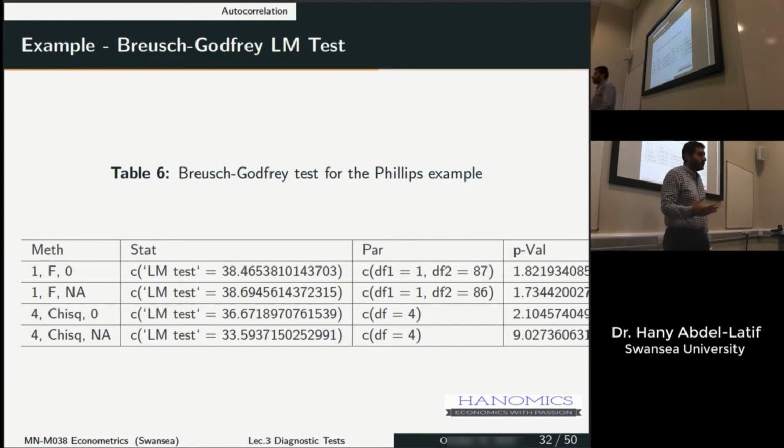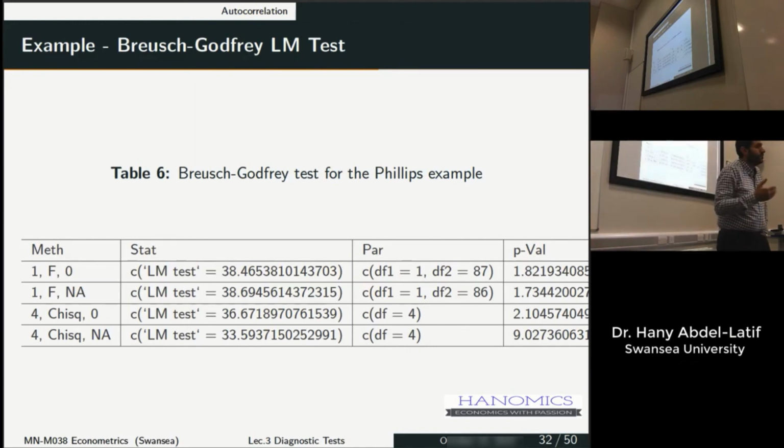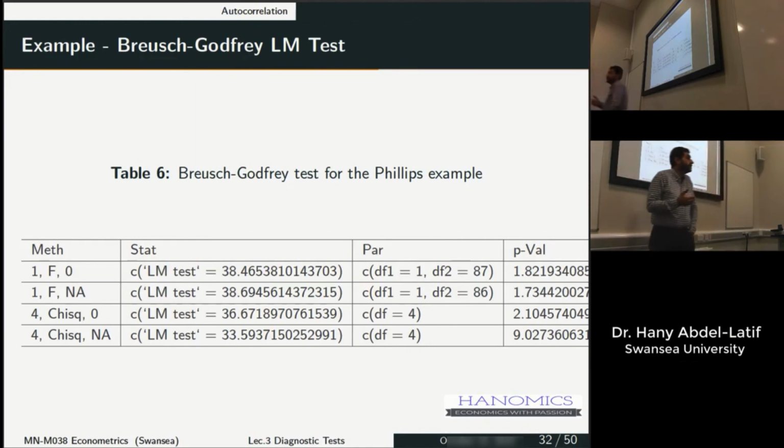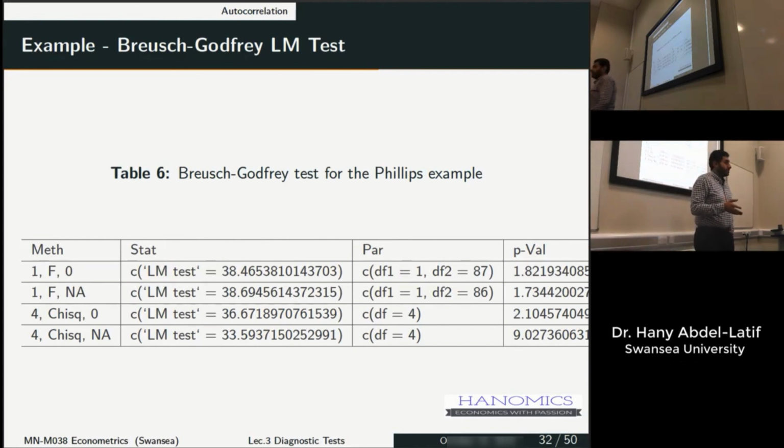The Durbin-Watson test is a bit restrictive because it has many assumptions that you need to make sure apply to your regression, and then the LM test. But the null hypothesis is the same in both tests. So what's the null hypothesis? No serial correlation or no autocorrelation. If you have a small p-value, what does that mean? You reject the null hypothesis. That means there is autocorrelation.